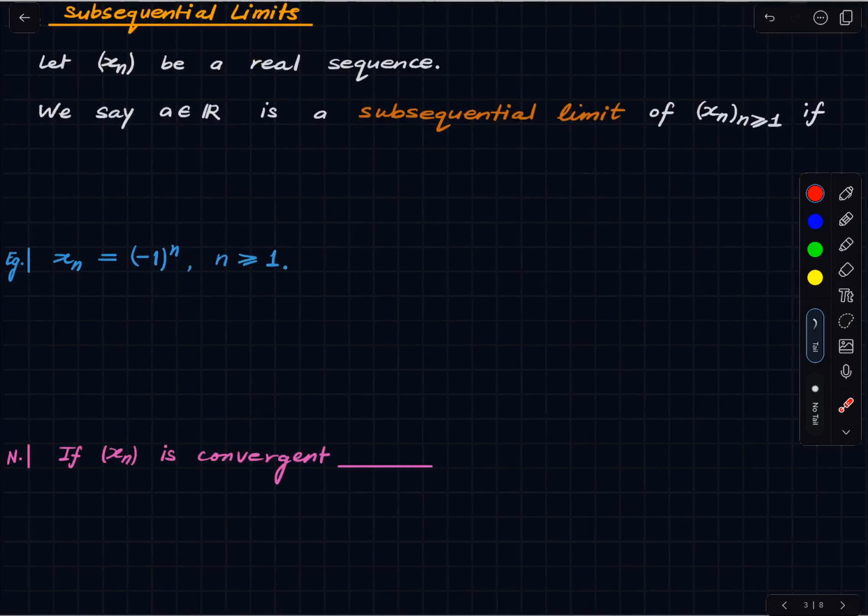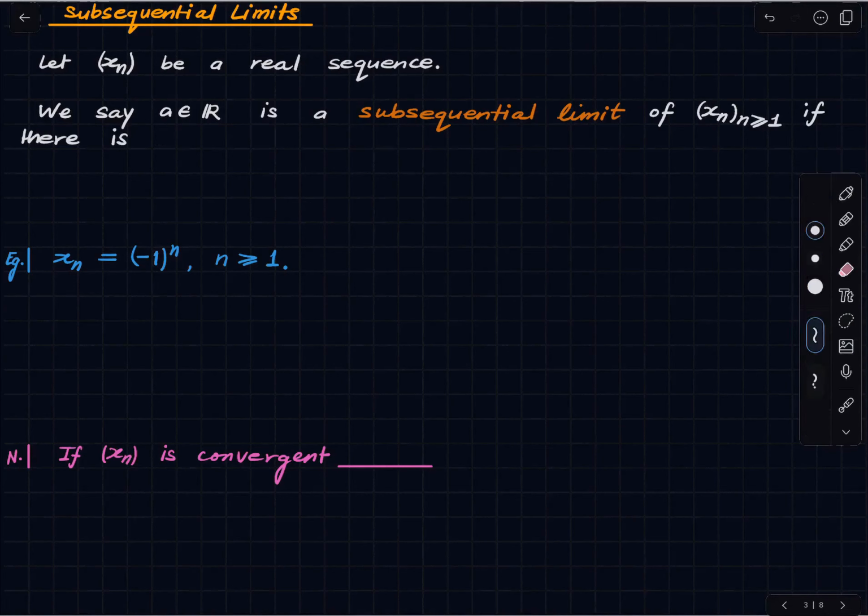So here is the main notion or main concept of this lecture. Fix a real sequence, call it xn. We say that a real number a is a subsequential limit of the given sequence if there is a, this a and a can be confusing.